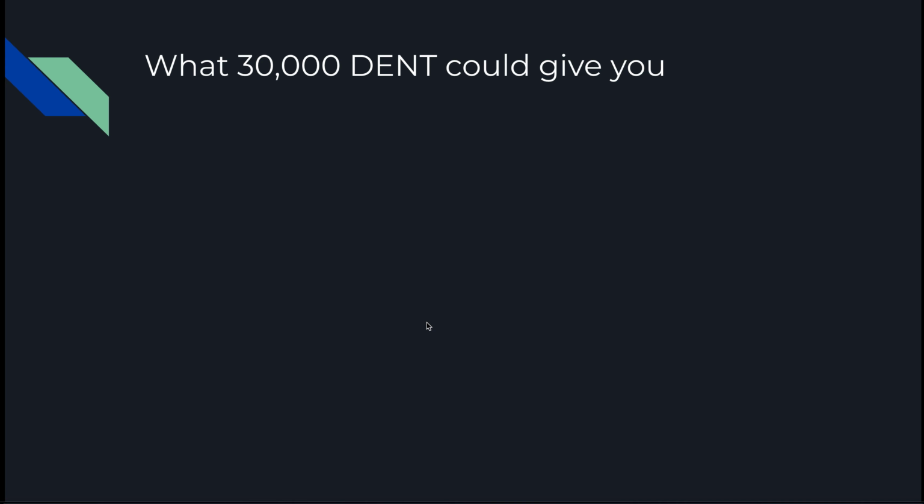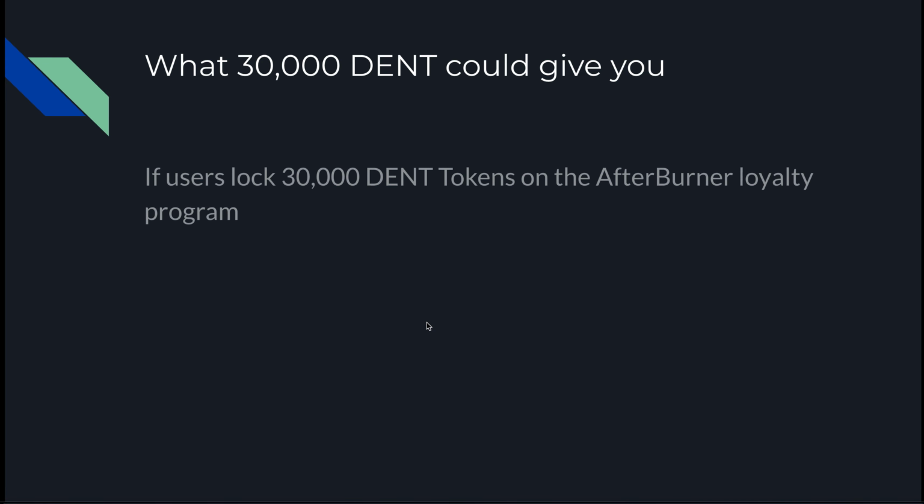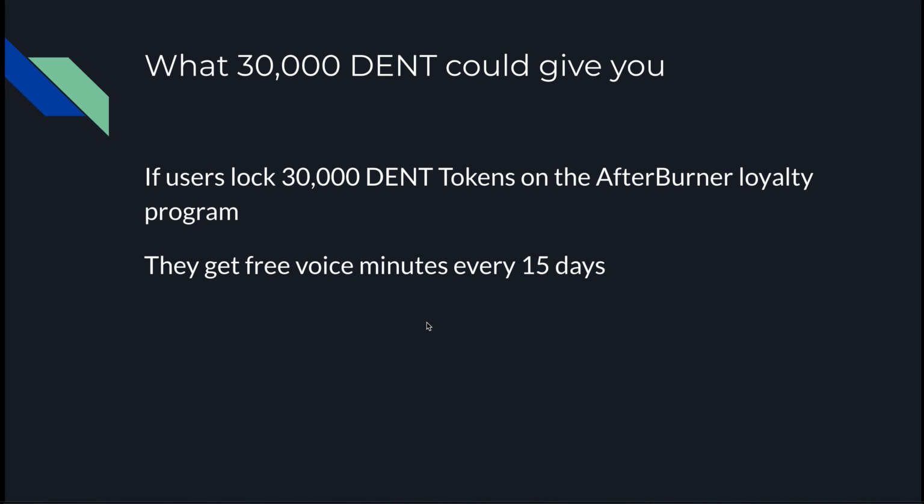So we know what 30,000 DENT could give you. We know there is a loyalty program called Afterburner. What that loyalty program does is, if the users choose to lock 30,000 DENT tokens on the Afterburner loyalty program, then they get free voice minutes every 15 days.